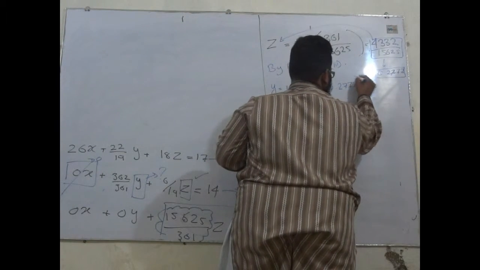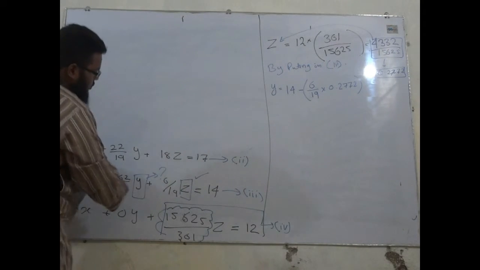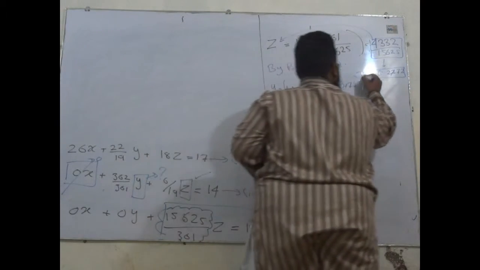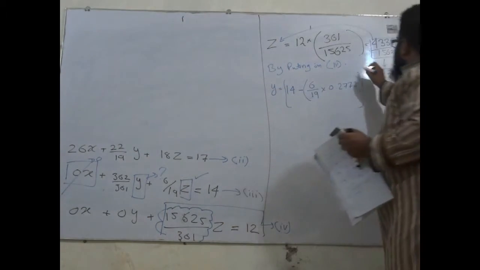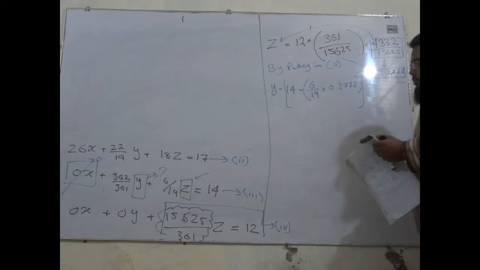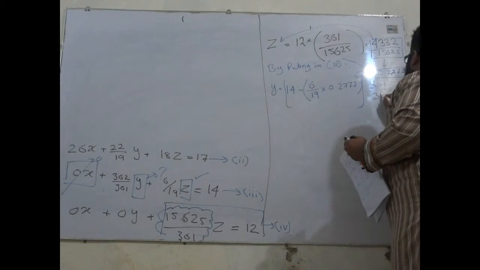0.2772, and now I will multiply by the coefficient of y. Don't confuse, this is the value of z. Okay, now which is 361 over 362.